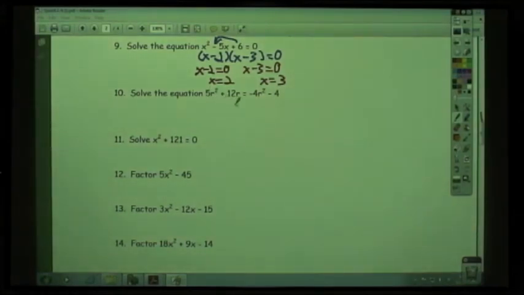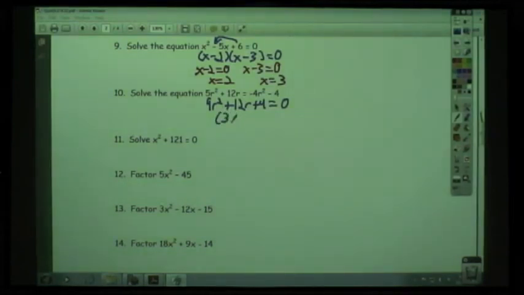On number 10, you had to get this one set equal to 0 first. So you would have had to add the 4r squared to get 9r squared, and then you have 12r. Then you add 4 over and you get +4 equals 0. So now you have 9r squared plus 12r plus 4 equal to 0. When you have that, you take this and you factor it.